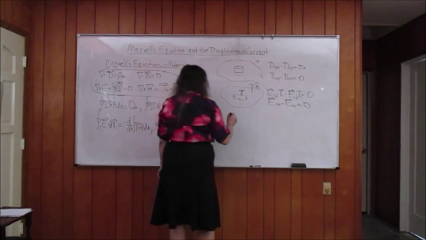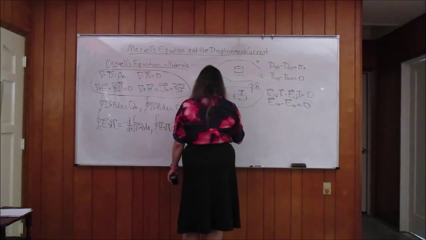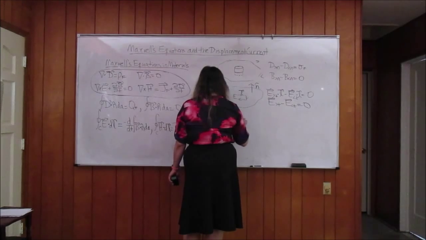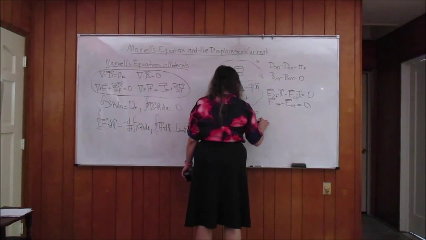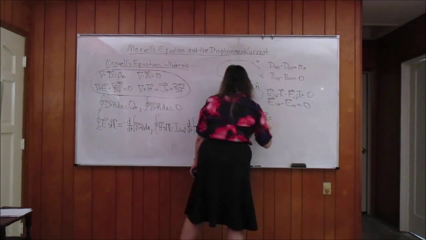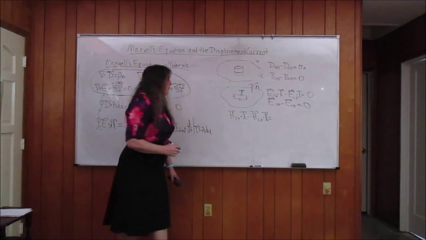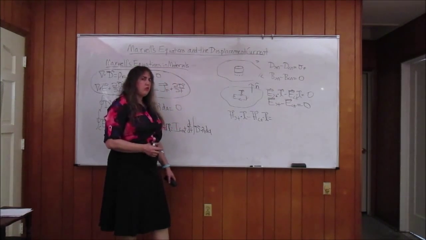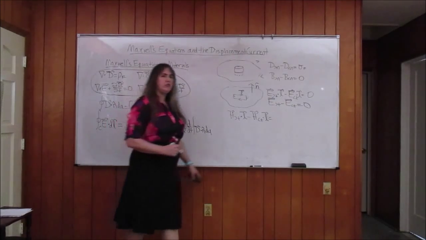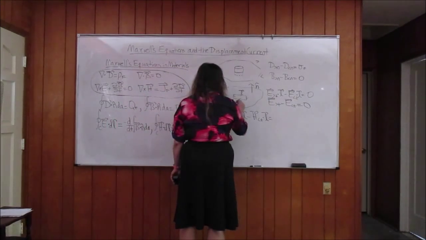Now, what about the H field? You can use the same Amperian loop, and this time around, the volume current density won't contribute anything. However, you will have a contribution from the surface current density.